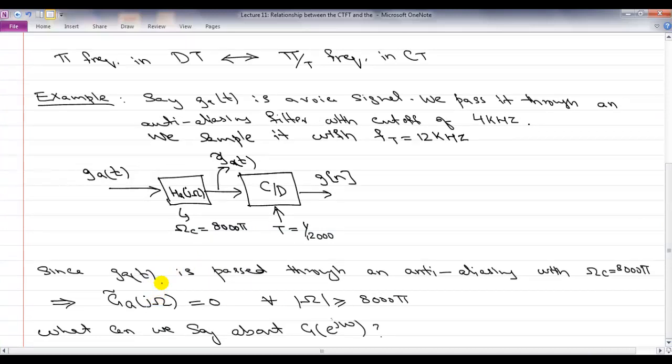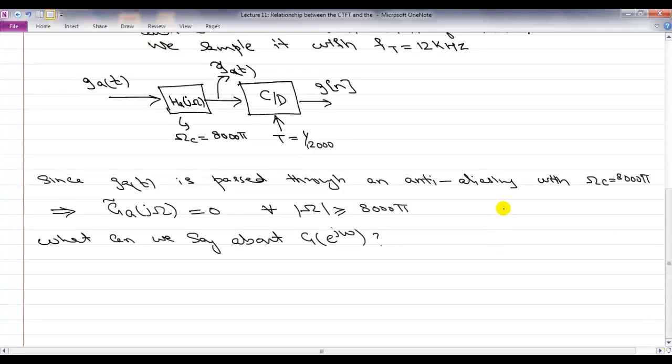First of all, it will be scaled by capital T. So let's say that G̃_a(jω) could be any shape, but I'm going to just use our commonly used shape. So this is 8,000π and minus 8,000π. Okay.